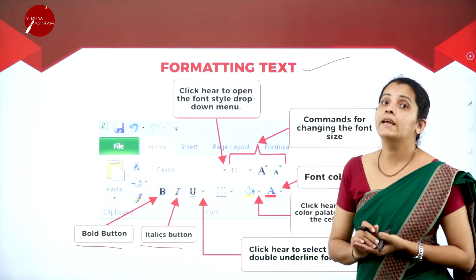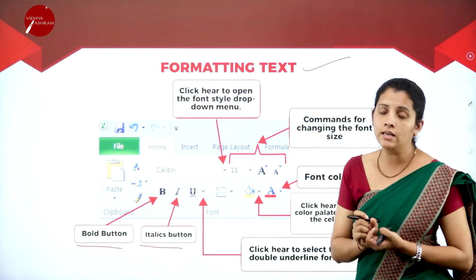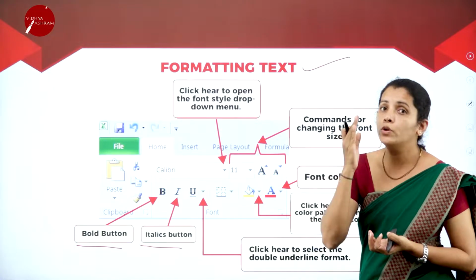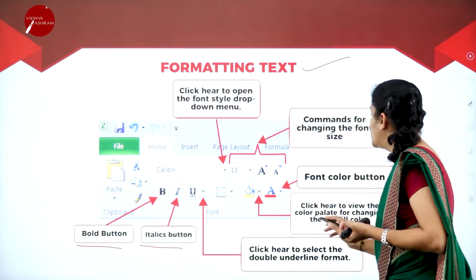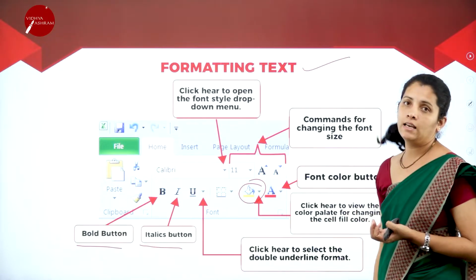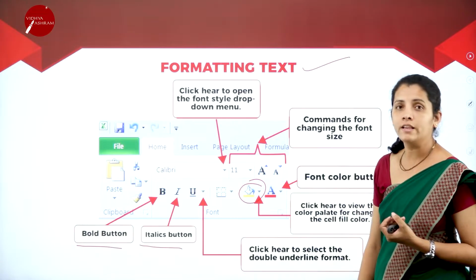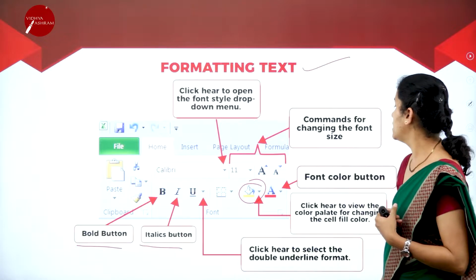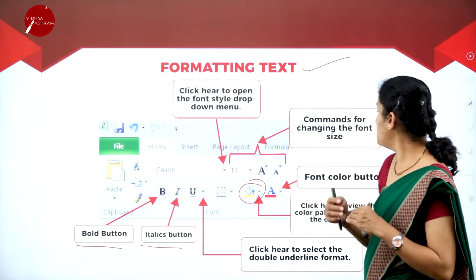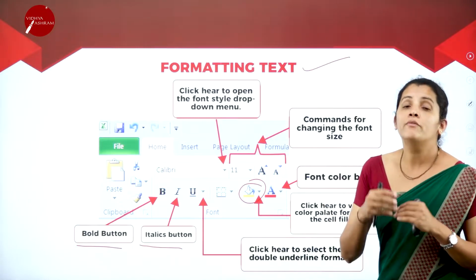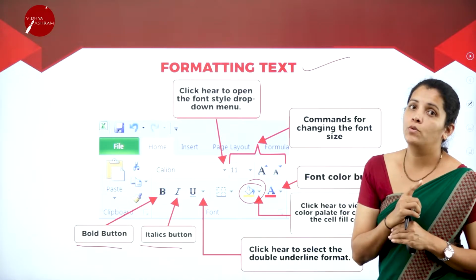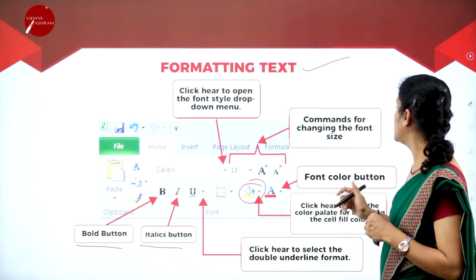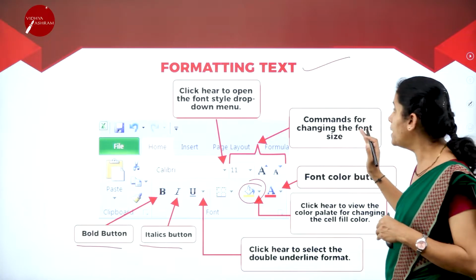Along with that, I can fill the color. To fill the color, I have the palette, that is, I can change the color by using the fill color palette. Along with that, I can change the font color. To change the font color, I have the font color button.